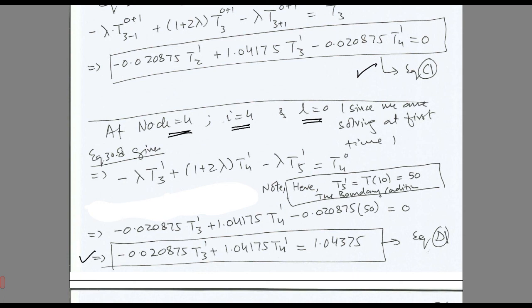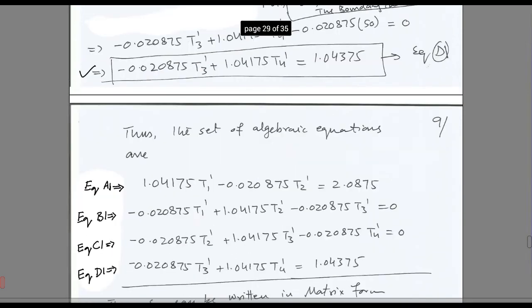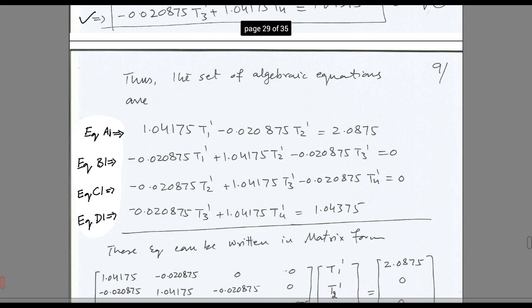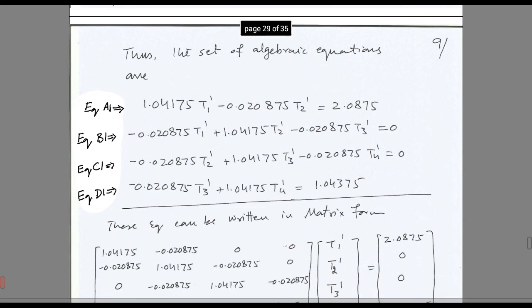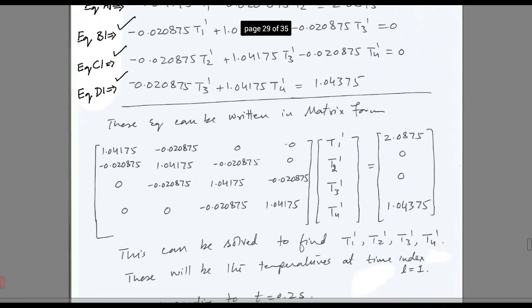So what we get is a system, a set of algebraic equations. Here are the equations. The first one, equation A1, we call A1, B1, C1, D1, just to show that these 4 equations are evaluated at the first time. In matrix form, we can write it down here, where T11, T21, T31, T41 are unknown.